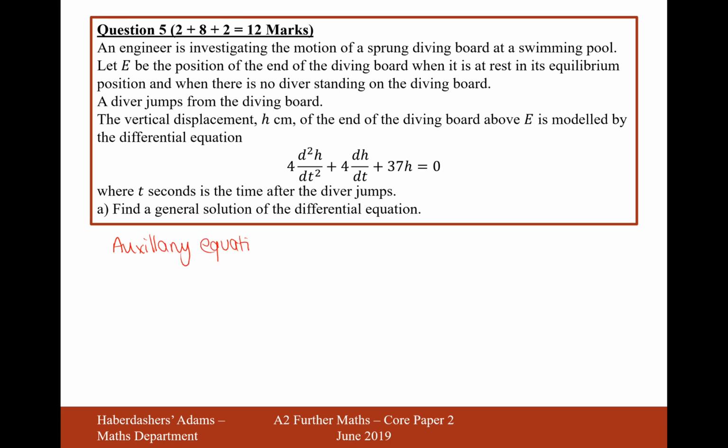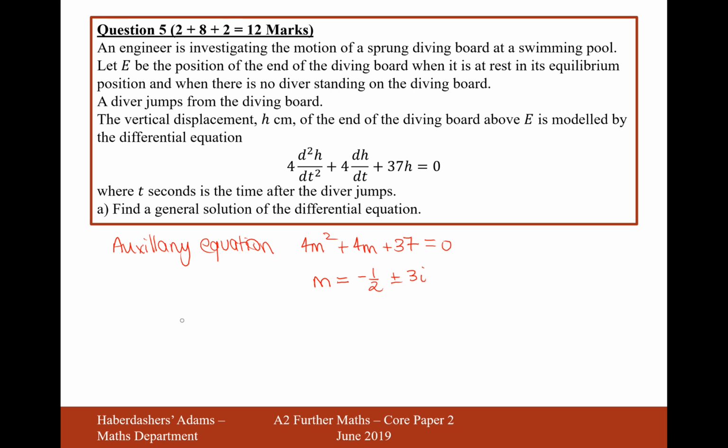It's only worth 2 marks, so it shouldn't take too long. The auxiliary equation is 4m squared plus 4m plus 37 equals 0. Type this into the polynomial solver in your calculator and you'll probably get minus a half plus or minus 3i.